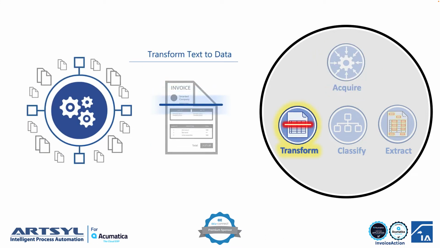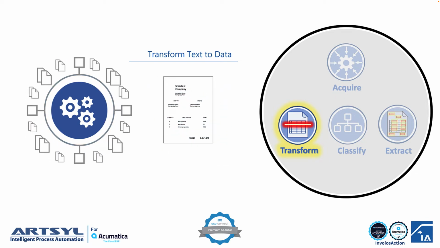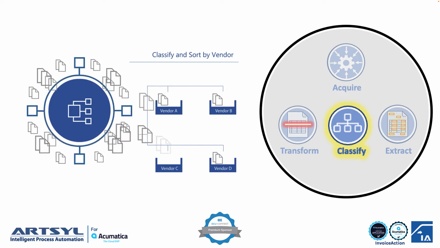We then transform text on the invoice into data through the use of AI and multiple OCR engines to ensure the highest accuracy available. Then invoices are categorized and sorted by supplier and apply the proper business rules for each.